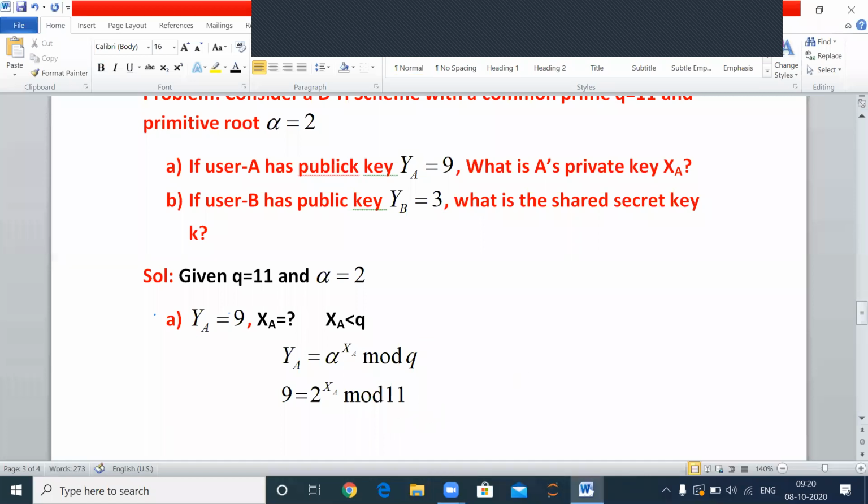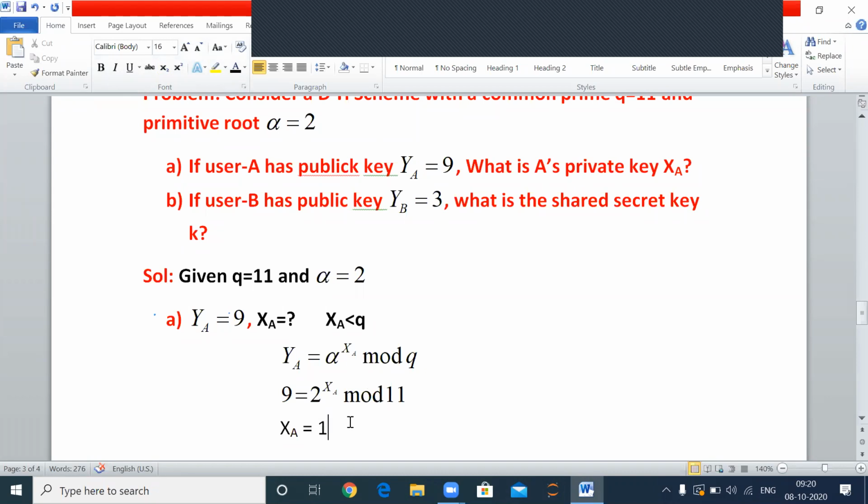Now in this equation, we have to choose the private key of user A. Choose x equal to 1. Check this: 2 power 1 is 2, 2 mod 11, the remainder is 2.